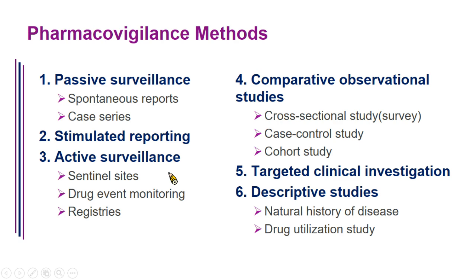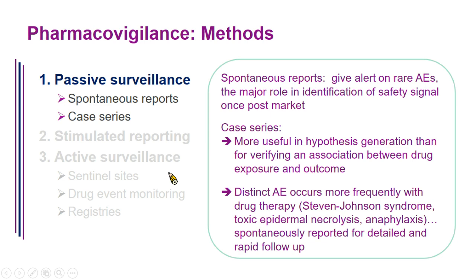And on the right-hand side, numbers 4 to 6 are more like research studies. They are more about comparative observational studies, targeted clinical investigations, or descriptive studies as well.